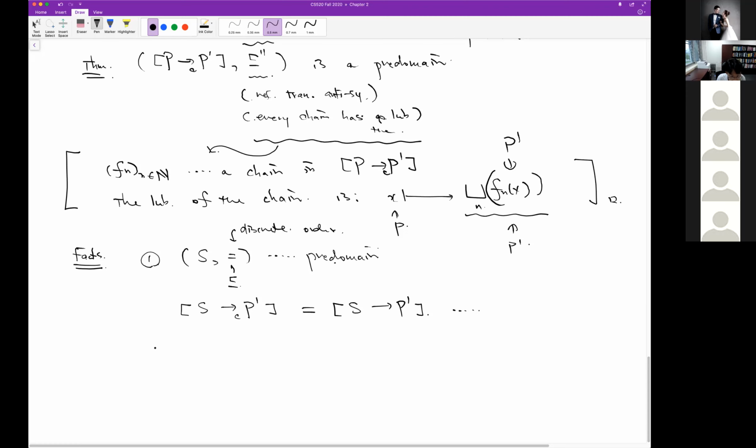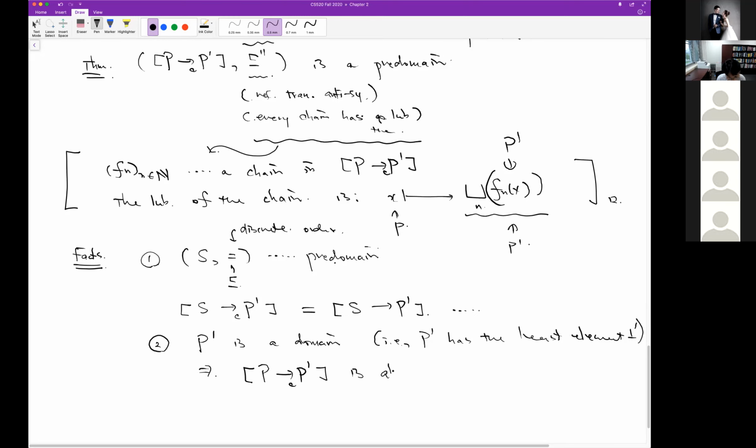Okay, and the second: if the target P prime is a domain, in other words, it contains the least element bottom prime, then this continuous function space from P to P prime is also a domain. It's not just a predomain, but also a domain.